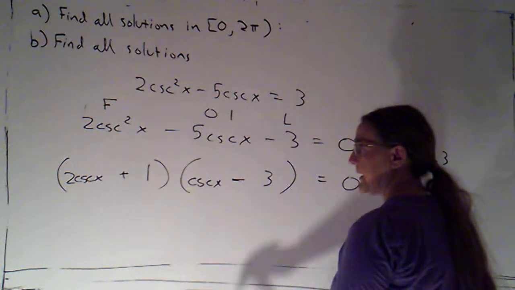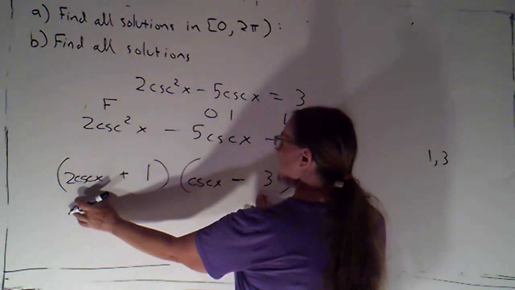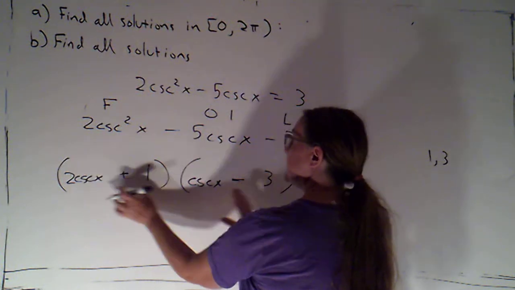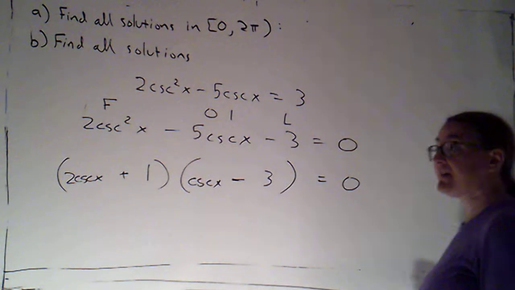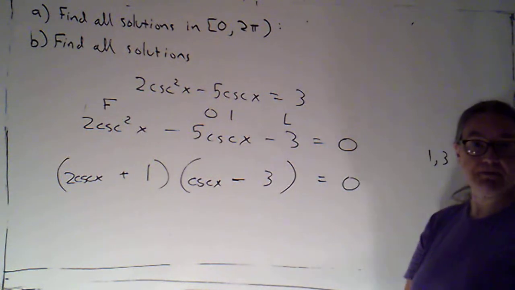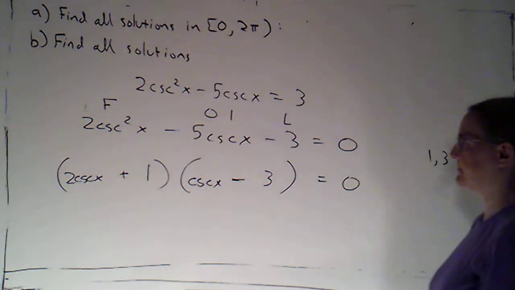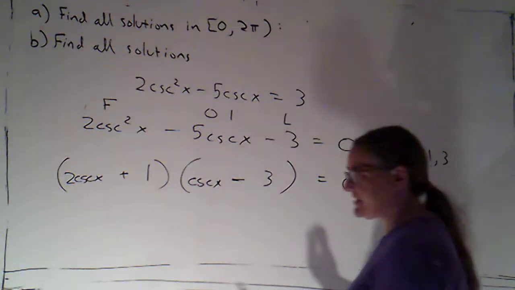So let's just do a quick check. First terms give me 2 cosecant squared. Outsides are negative 6 cosecant. Insides are plus cosecant. That gives me a total of negative 5 cosecant of x. And then the last terms multiply to give me negative 3. Fabulous. Okay. So now I can set each factor equal to 0.